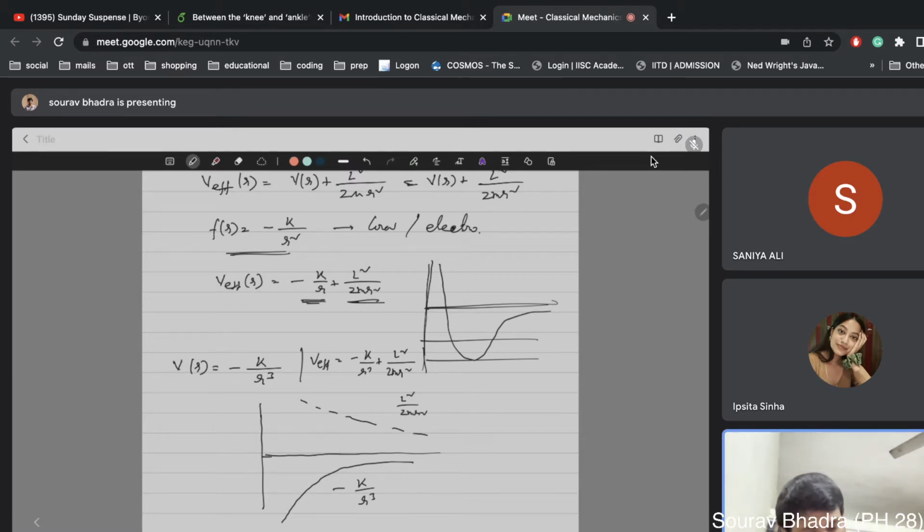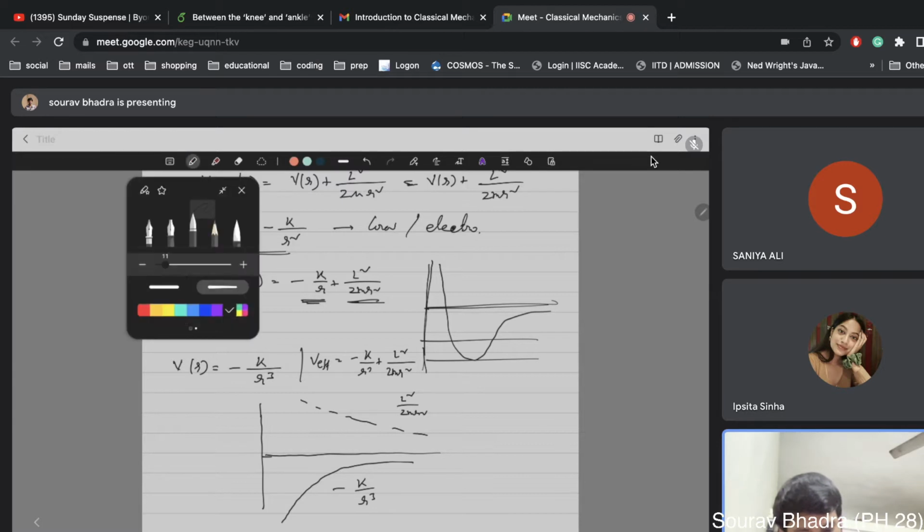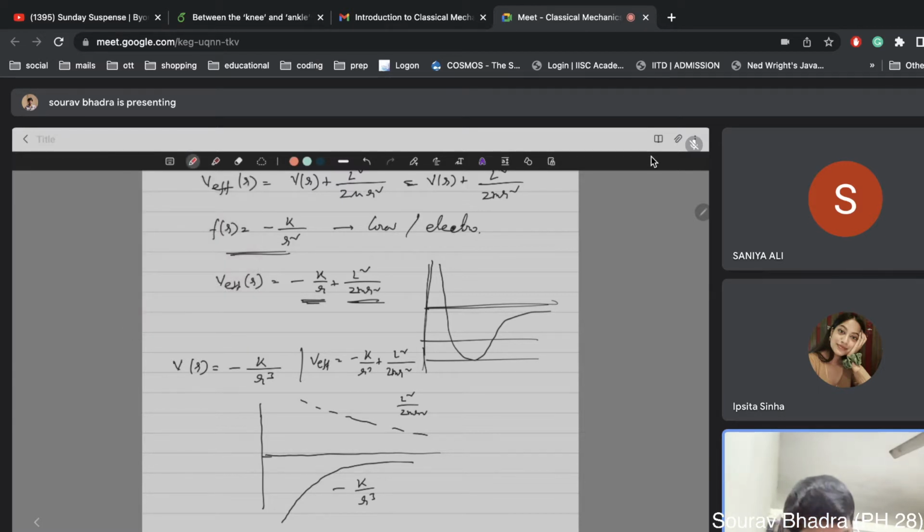So if you join these two, then you will get a plot like this. It will not cross, sorry, okay, like this. So you will get a plot like this. It is the plot of L square by 2 m r square plus minus k by r cube.